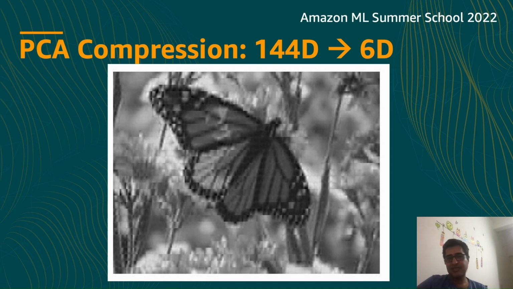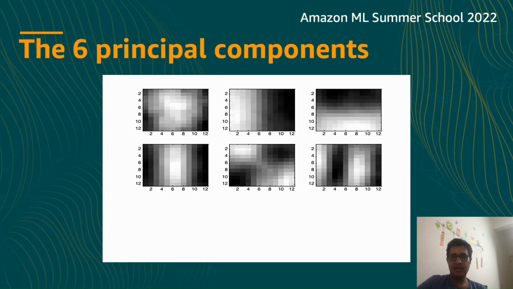Even a 6-dimensional image is quite understandable. For this 6-dimensional image, the principal components look like this. The individual components may not be quite readable, but they are able to reconstruct the image back for you.